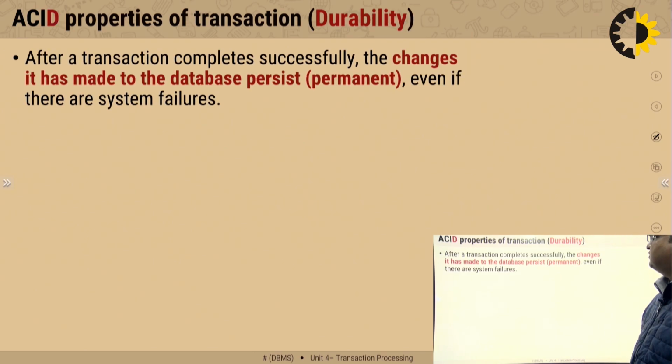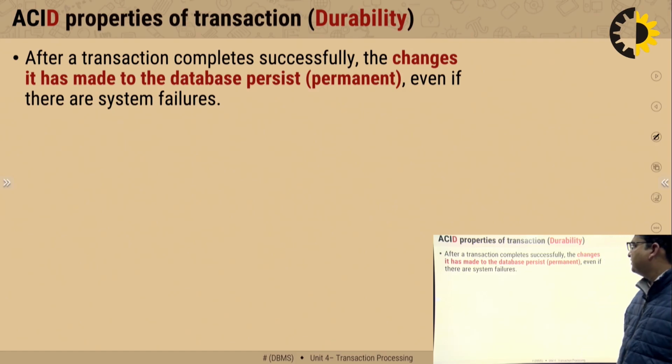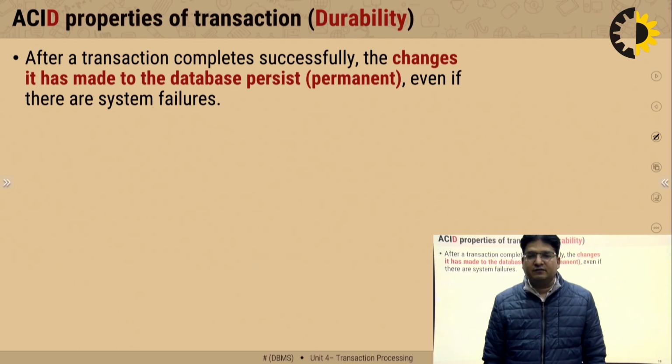Next is the property of durability. After a transaction completes successfully, the changes that it has made must persist even if there are system failures. Failure may occur in a variety of ways: system failure, disk failure, power failure, storage failure.